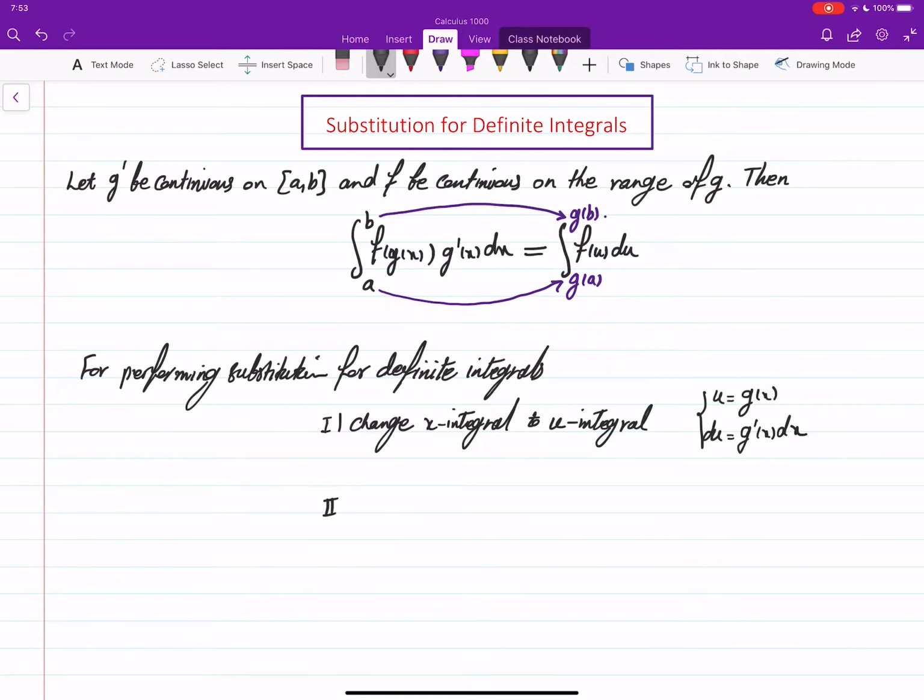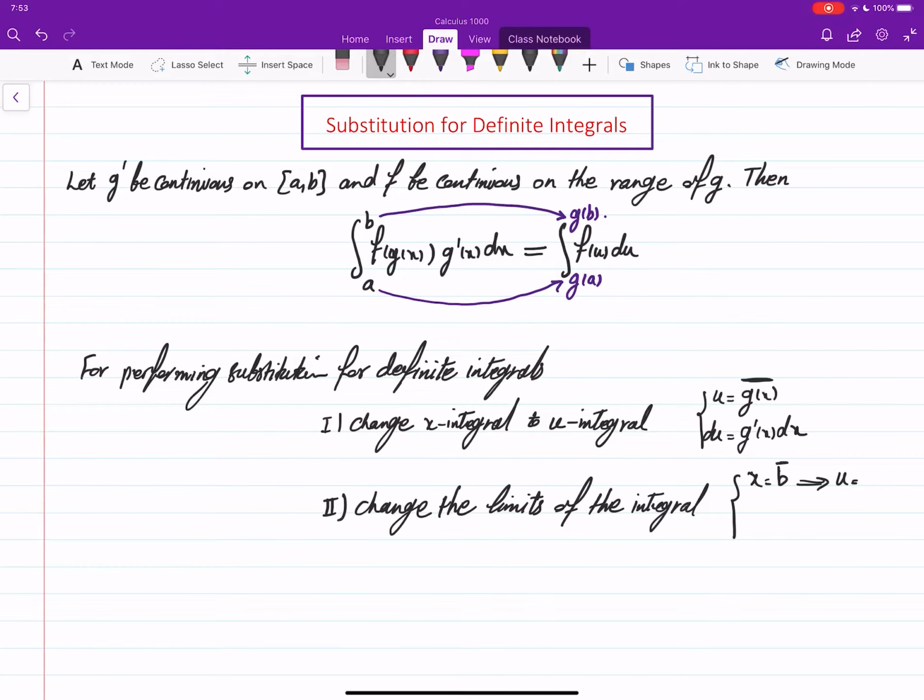But it's not done. You also have to change the limits of the integral, which in this case means that if the upper limit of the x integral is b, that means that x is equal to b. Now it will turn to u. Well, what is u? u is g(x).